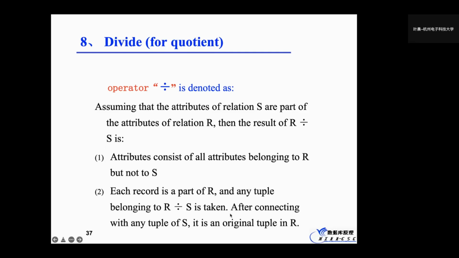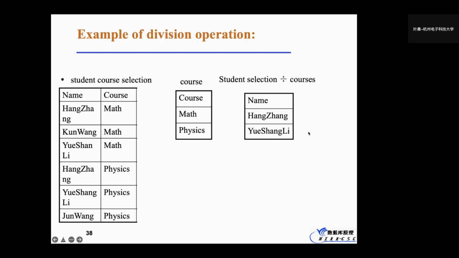So let's see an example. If we have a student table like this, and we have the course table, and we want to make a division operation, we use this table, student course selection, divided by course.